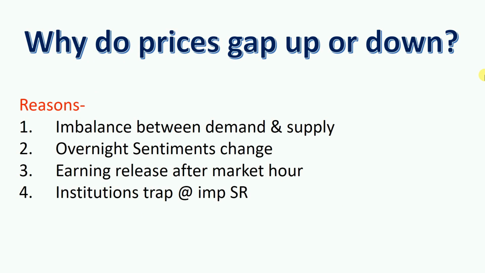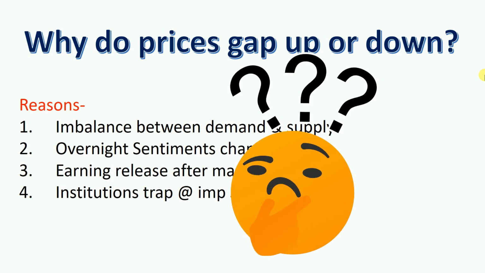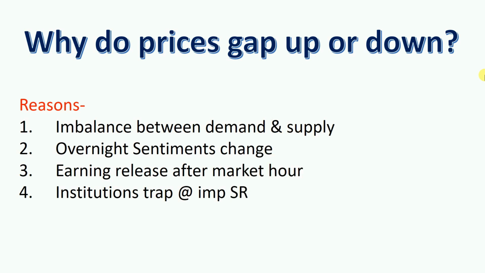So the general question that may come to your mind is, why do prices gap up or gap down? There are a couple of reasons for securities gapping up or gapping down. A few of the reasons may be an imbalance between demand and supply, which can result in a gap. There may be an overnight sentiment change.